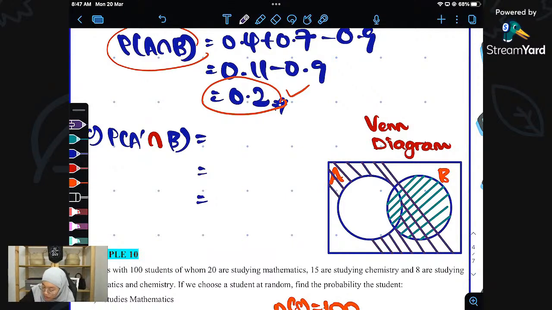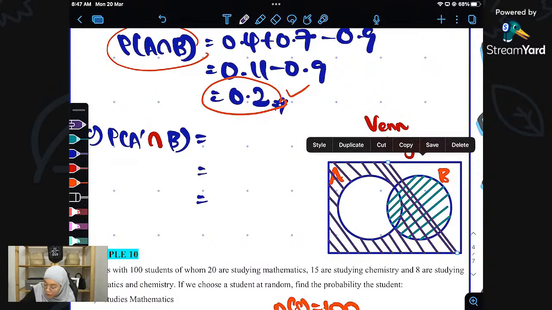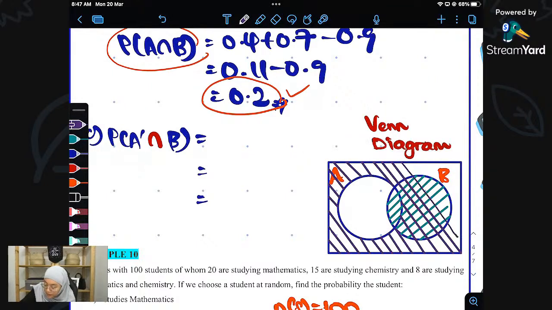This is how I shade the region, slow and steady, because I want to make sure you know this is the place where A prime is. So A prime you already understand, B you already understand. So where is the intersection? The intersection is inside here, the part that I'm trying to color. Okay? Inside here.